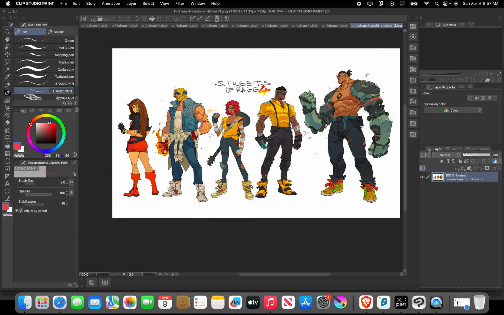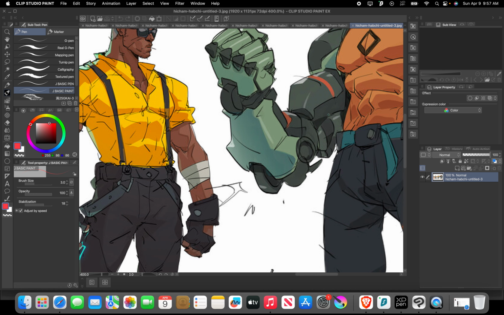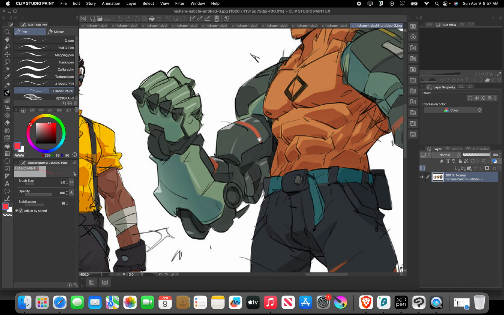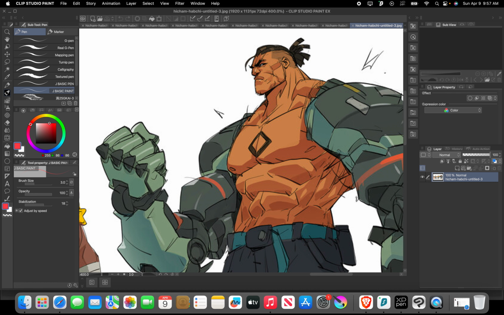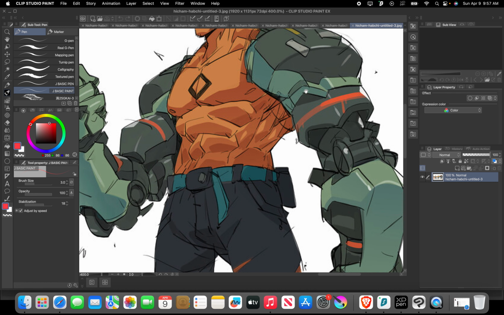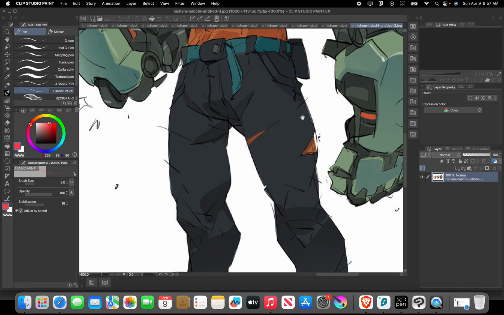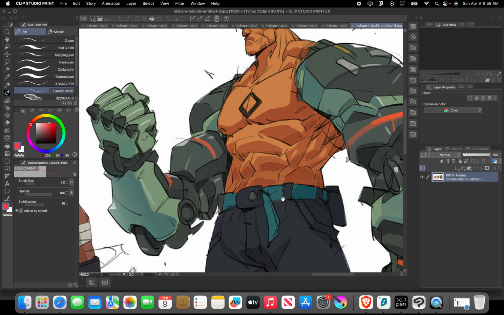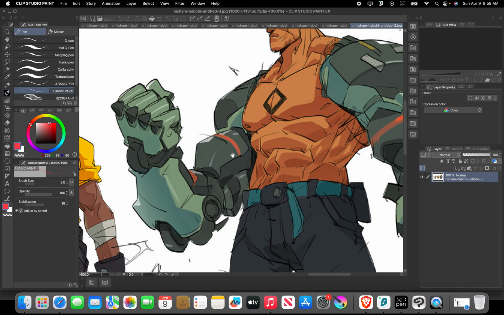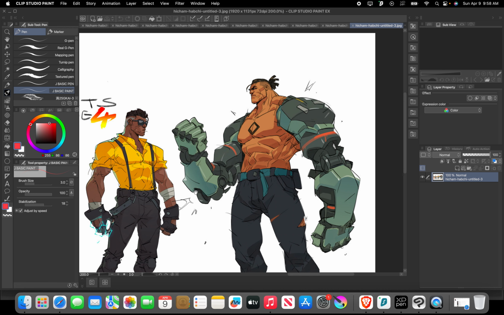And really, when we pull back, we can see that there is this contrast between warm and cool colors, right? So you have a lot of different variation that you can get with playing around with different colors and contrasting them. You have the warm body here, but then you have these cooled down greens, cooled down blues in the pants, in the arms, in the belt, and that really provides a sense of contrast between the two.